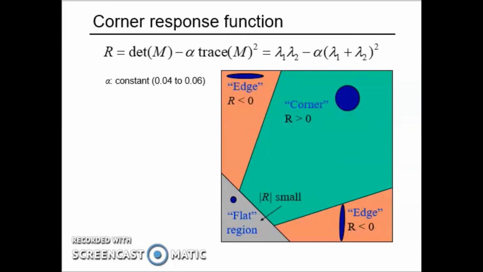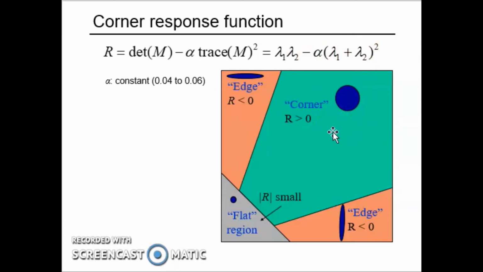So given all this information, we can actually model a corner response function called R, that is equal to the determinant of M minus alpha times the trace of M squared. And this can be simplified as lambda 1 lambda 2 minus alpha times (lambda 1 plus lambda 2) squared.